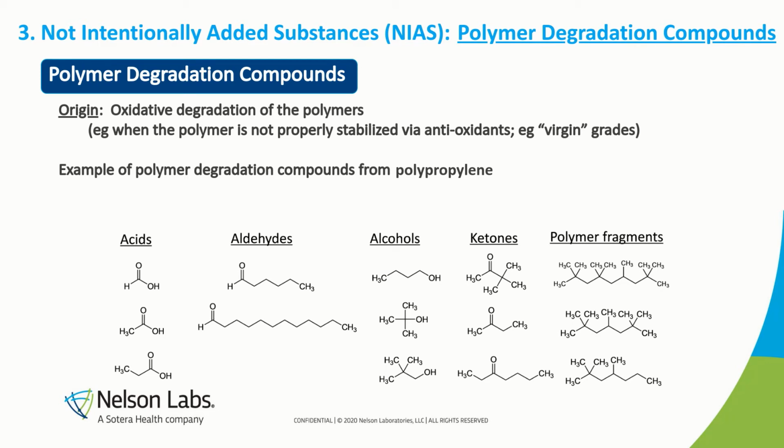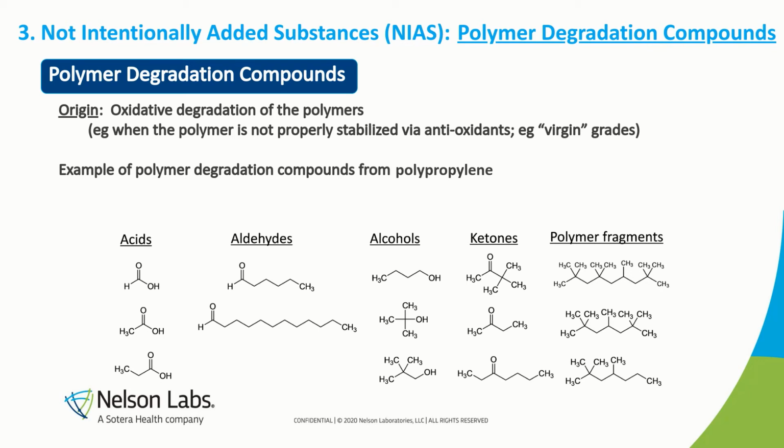And for instance, acid formation, propionic acid, acetic acid, formic acid can be formed, but also aldehydes, alcohols, ketones, polymer fragments can be formed, in this case from polypropylene. So you have a whole universe of potential degradation products from the polymer.